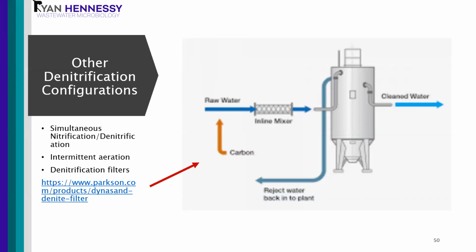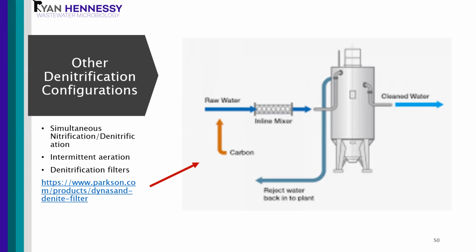So there are some other configurations. There are plants that achieve nitrification and denitrification simultaneously. Some plants cycle the aeration, and by turning the air on and off, they're able to get some degree of denitrification.